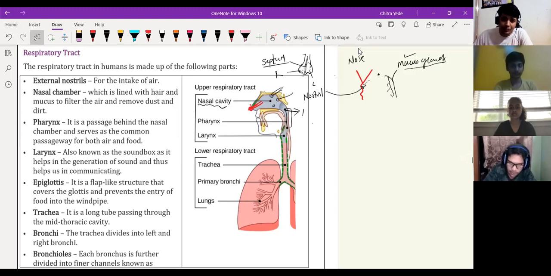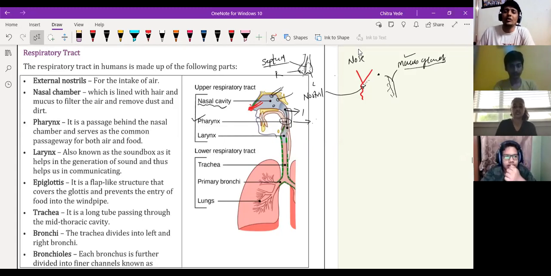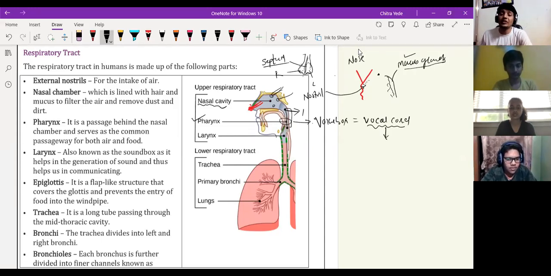Then here we have the pharynx region, and in the pharynx region we have one structure called the voice box, or the vocal cord. The vocal cord is very important and responsible for producing sound.